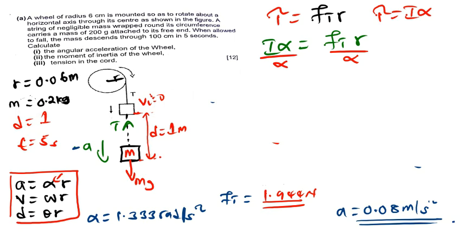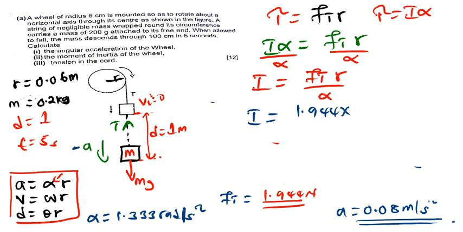So inertia will be equal to the tension force, I have that Ft times r divided by alpha. So the moment of inertia will be equal to, the tension force is 1.944 times the radius is 0.06. I divide this by the alpha, which is 1.333.